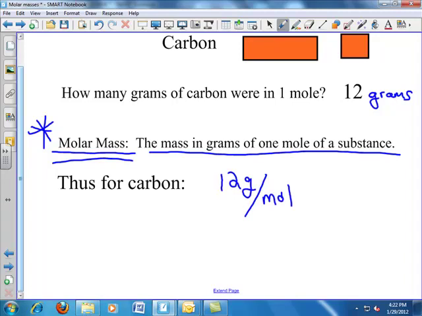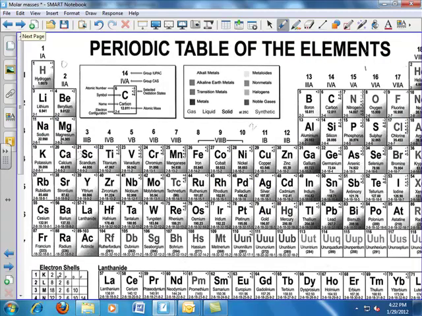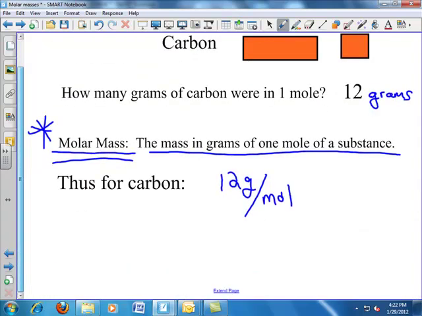Now, that number 12 should actually look familiar to you. If you go to your periodic table, you'll see right here on carbon that the bottom number is 12. And that is what we have formerly referred to as the atomic mass unit. We calculated that number a long time ago. Now that number is the molar mass. So the molar mass of carbon is 12.